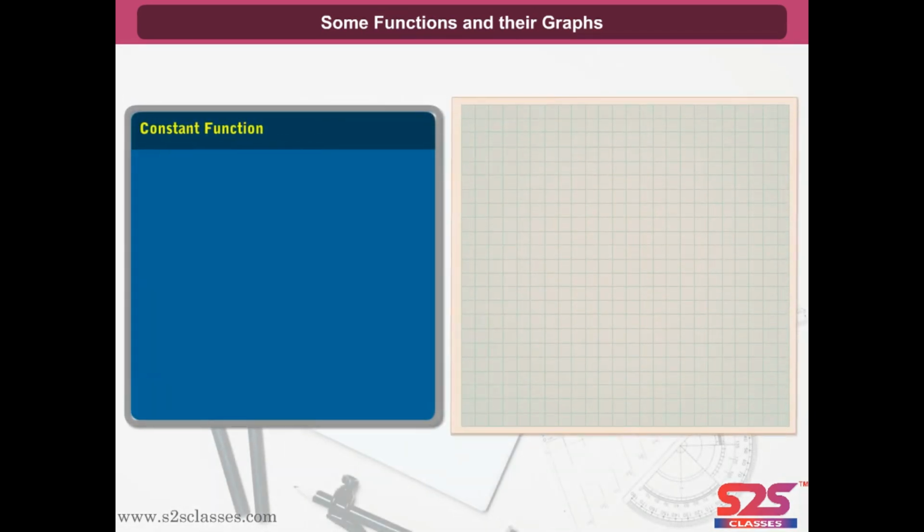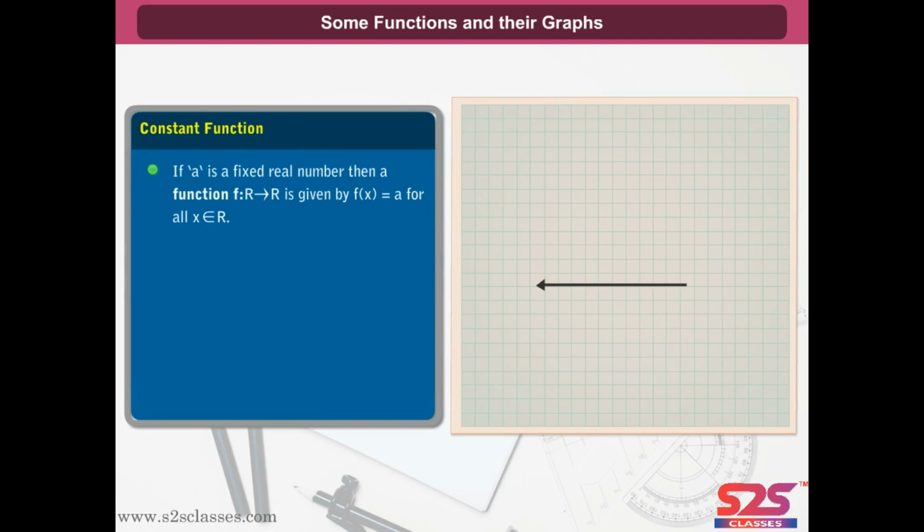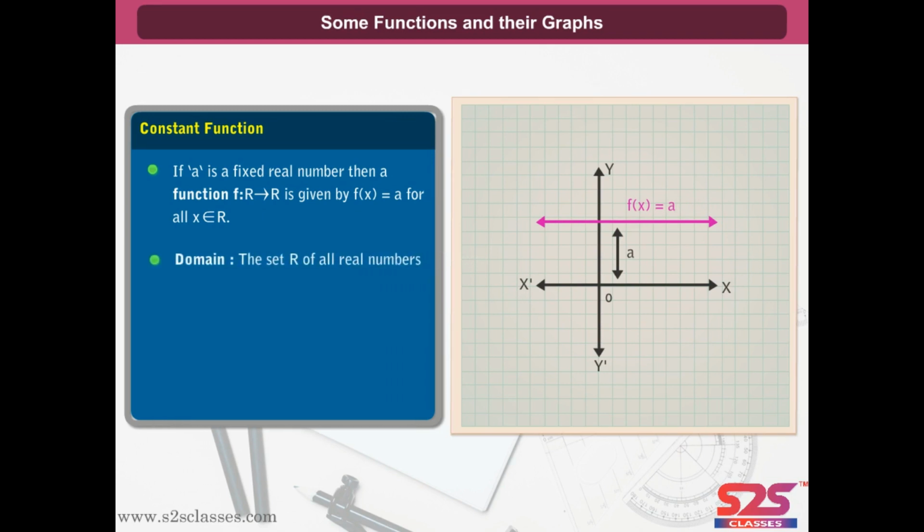Next is the constant function. If a is a fixed real number, then a function f shown is given by f(x) is equal to a for all x belongs to R. Domain is the set R of all real numbers. Range is the singleton set {a}.